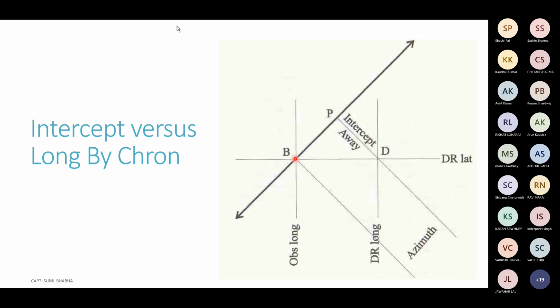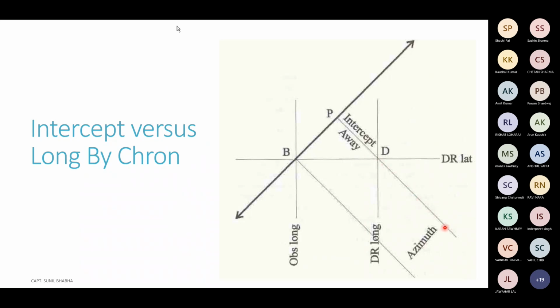Now, if the duty officer had used the intercept method in this particular case, for the intercept method the reference position is the DR position. So we will have to start from position delta. From this delta position, you will first plot the intercept. In this case, the intercept is away.